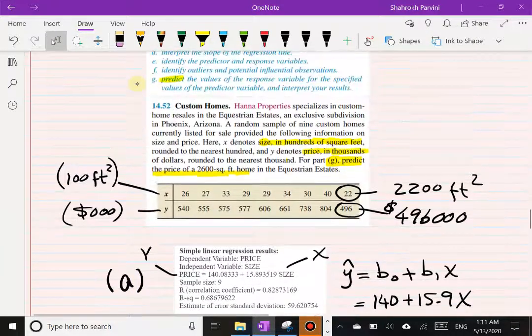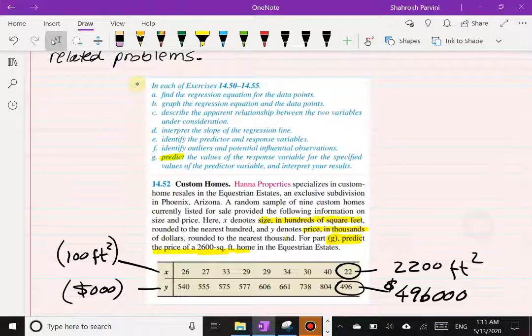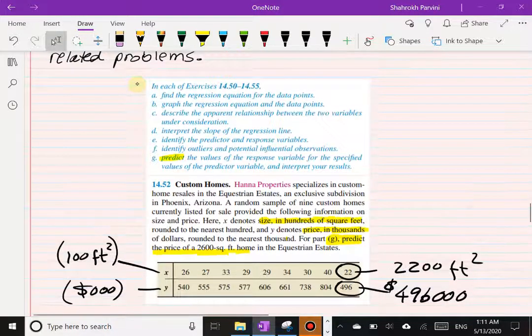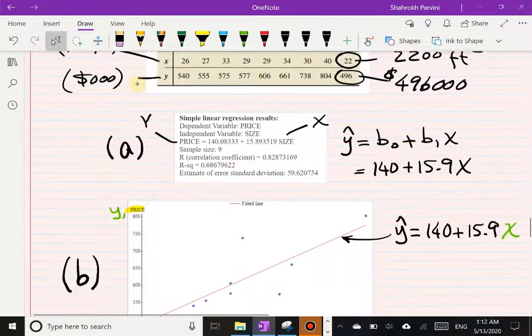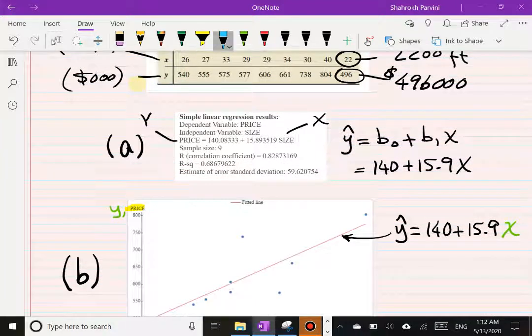In part D, the question read, interpret the slope. Part E, identify predictor and response. Well, let's see, interpret the slope. Remember the slope of this line is right here, right? That's the slope of the line.